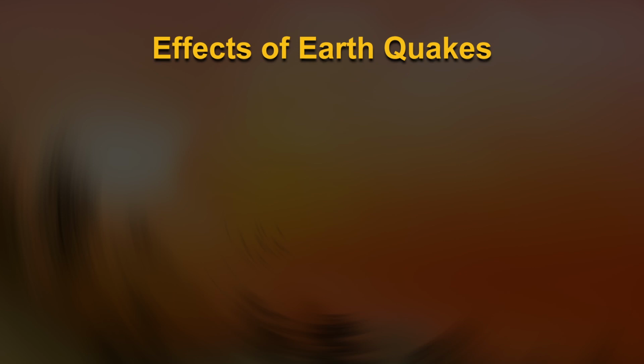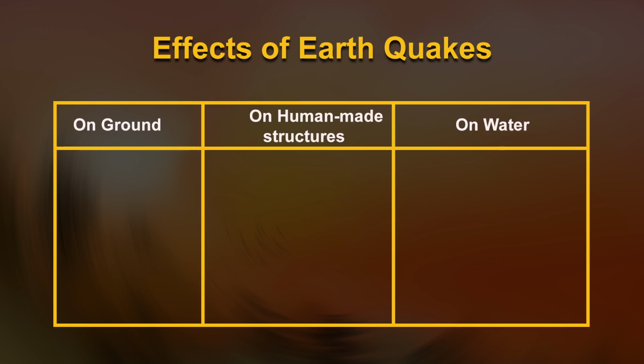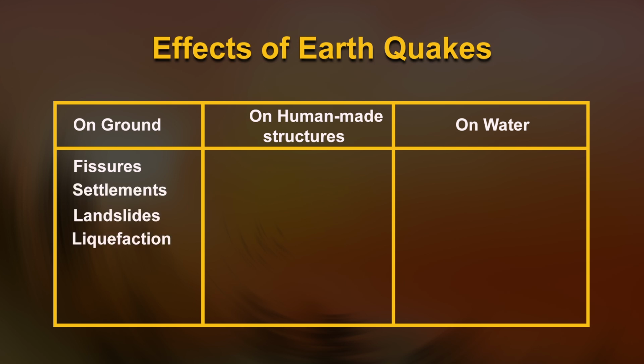What are the effects of earthquakes? We can understand this as the effects on the ground, on human-made structures and on water. On the ground, we will see fissures, impacts on settlements, landslides, liquefaction, earth pressure and possible chain effects.